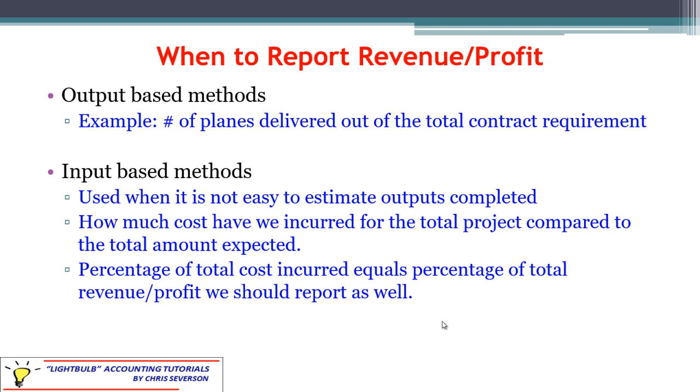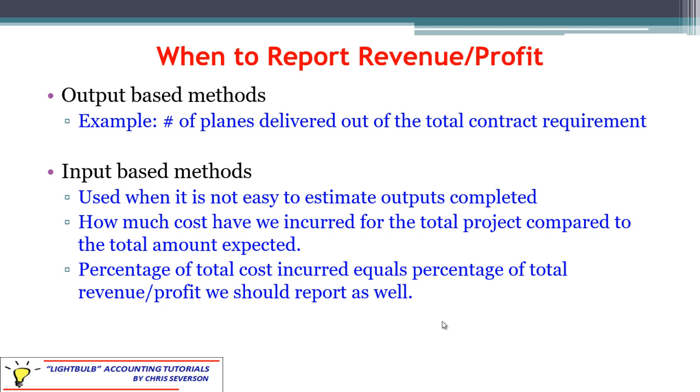So in this case, yes, it's a long-term contract, but at least we can track the planes as they go out, and we can charge for that amount as the planes go out. We can record the revenue as each plane goes out. That's a pretty straightforward method that's really not too far off of the traditional completed contract method. We've sold a product. There's an identifiable product, and we record the revenue at that time.